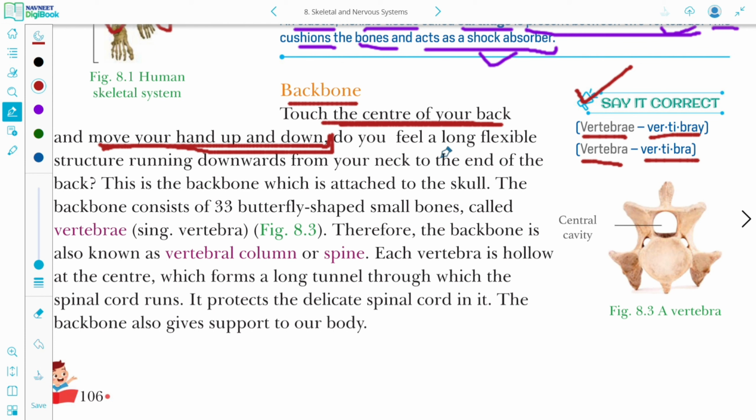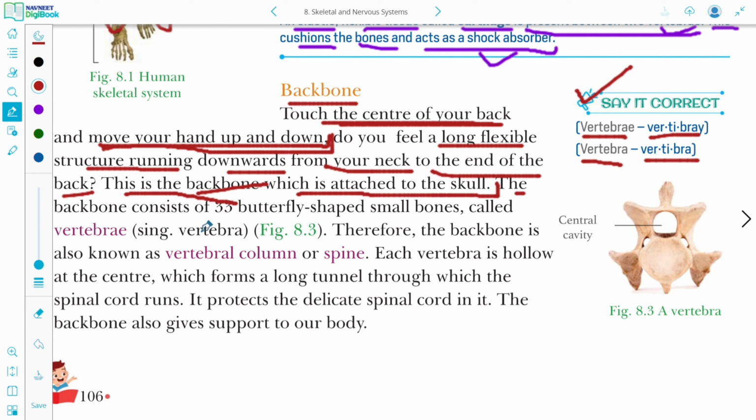Obviously, a long flexible structure running downward from your neck to the end of the back. This is the backbone, which is attached to the skull. The structure which you felt is your backbone, है ना, which is attached to the skull.